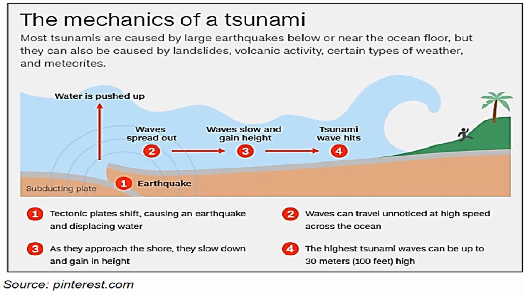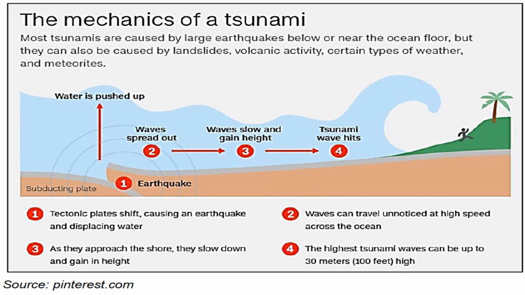Tectonic plates shift, causing an earthquake and displacing the water. The waves can travel unnoticed at high speed across the ocean. As they approach the shore, they slow down and gain in height. So the water rises.